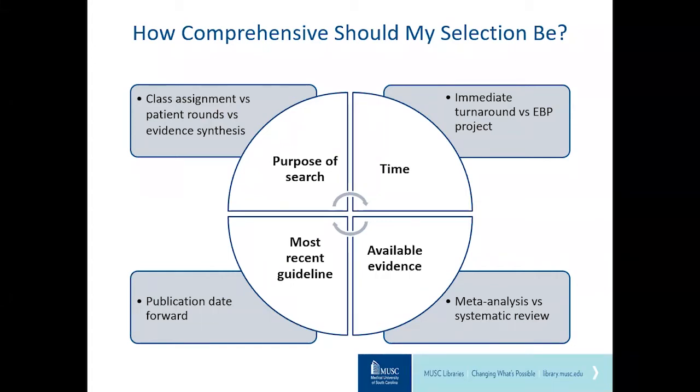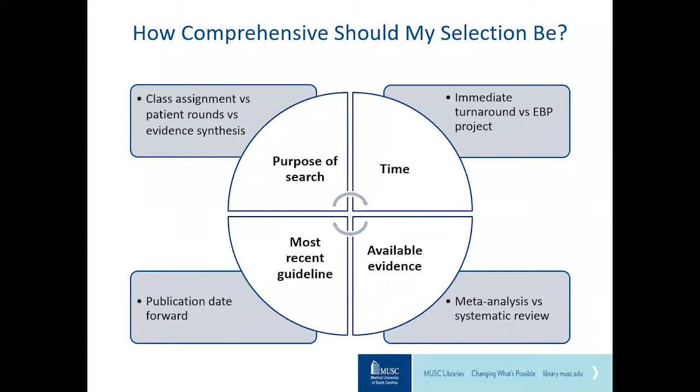If the purpose is for patient rounds, then it may only be 1 or 2 articles that immediately confirm interprofessional decision-making. If the purpose is a class assignment, it may be important to make sure you pare down to only the best 3 to 5 articles based on need. Alternatively, if the focus is evidence synthesis, the collection will probably be much larger.